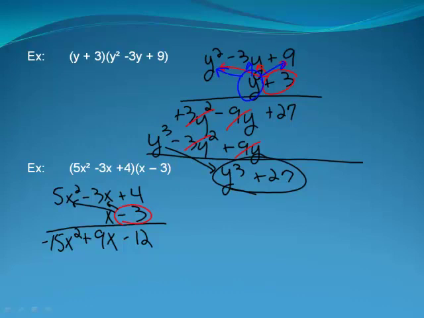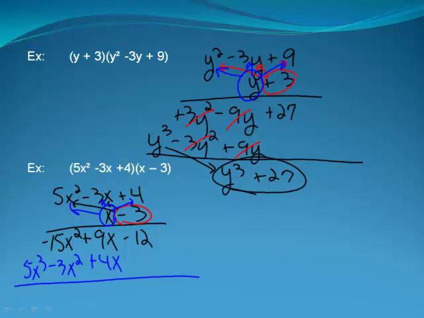All right? Now we're going to take that x and multiply it to everything above it. So x times plus 4 is plus 4x. x times minus 3x is minus 3x squared. And x times 5x squared is a positive 5x cubed.